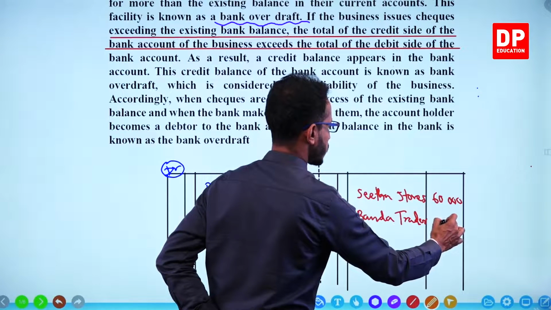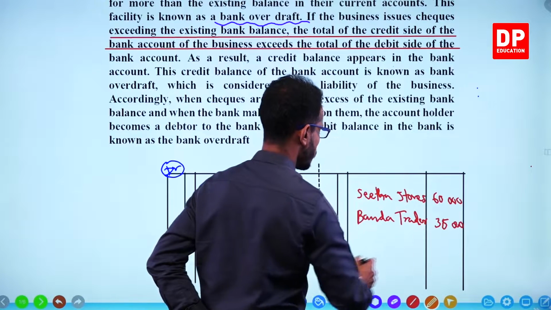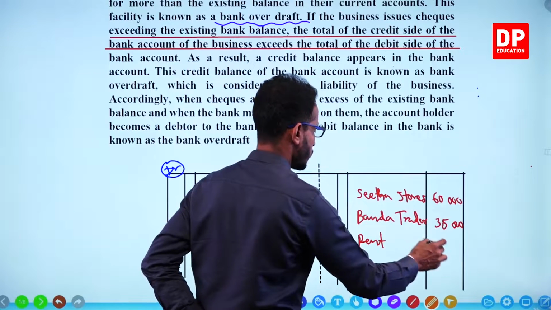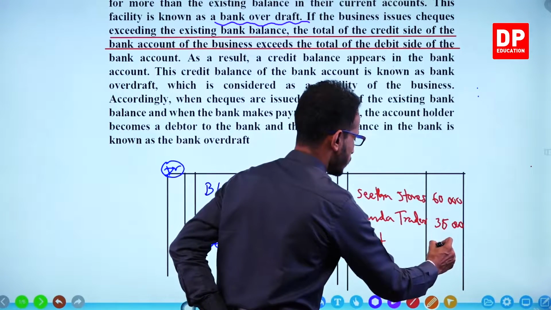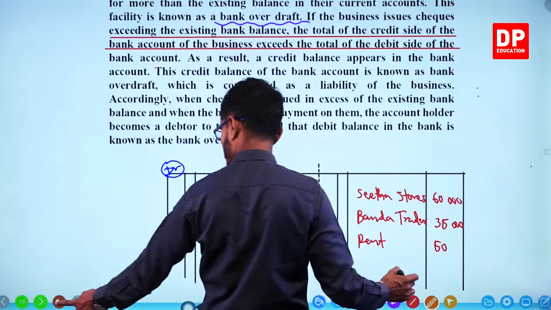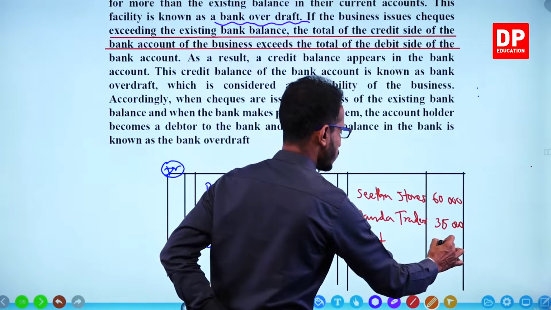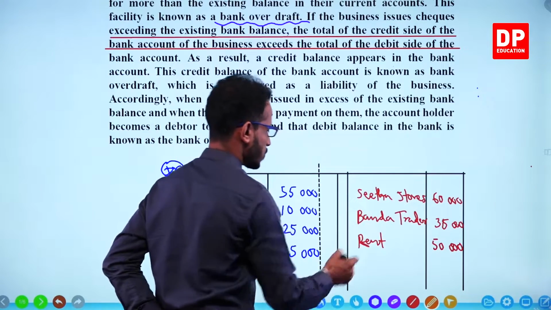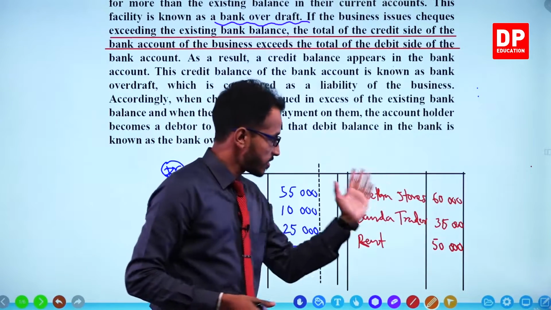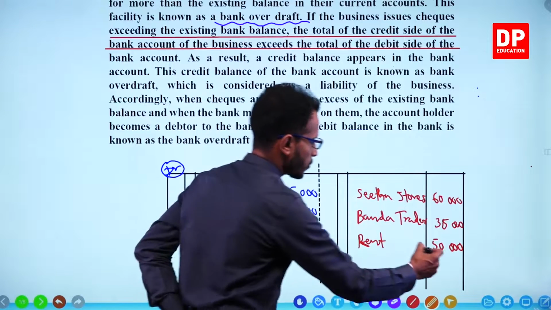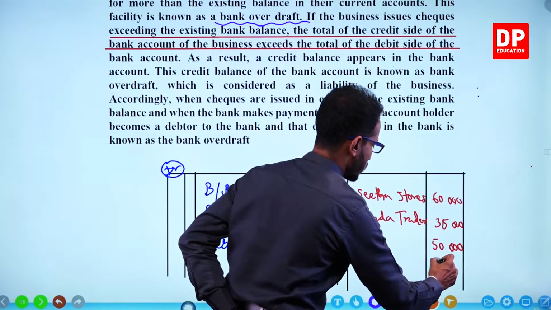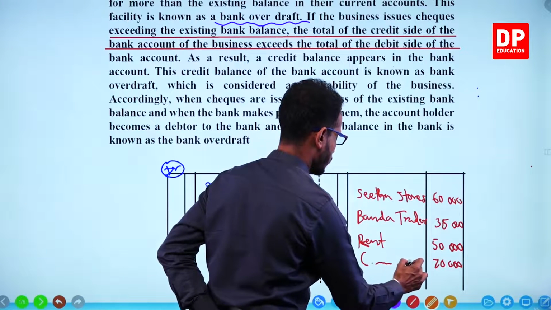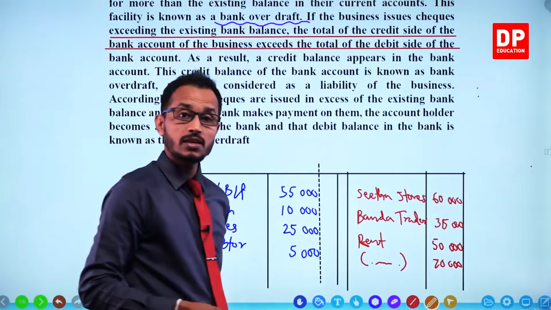Let's say the check is 35,000. Rent is paid through the bank account by a check. That rent is 50,000. Such as expenses or payments such as these. All right, we'll put another amount, another check of 70,000. Mention the check number, and a 70,000 check is issued.